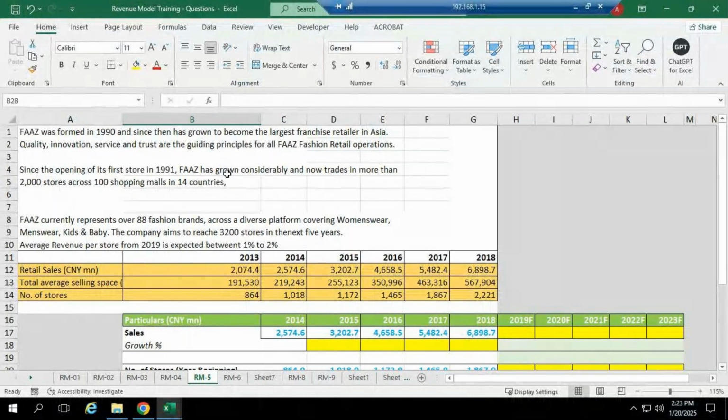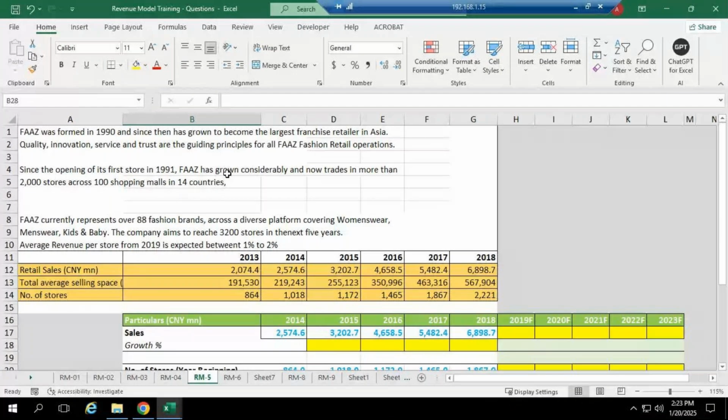That is the target: the company aims to reach 3200 stores in the next 5 years. So in the next 5 years it is aiming to establish 3200 stores. Average revenue per store from 2019 is expected between 1% to 2%.